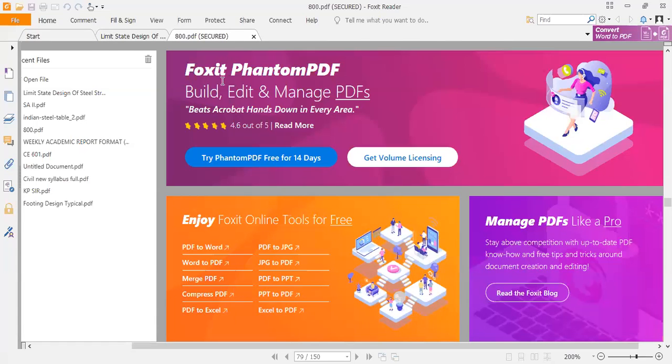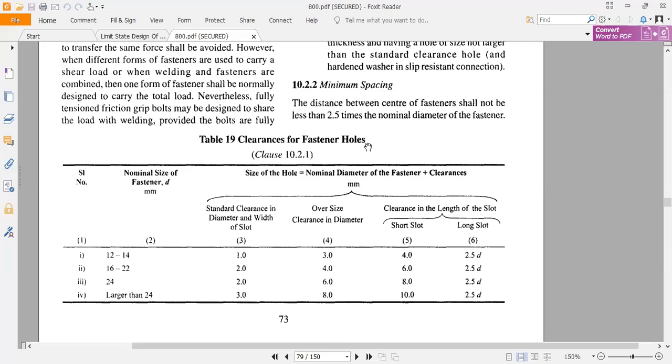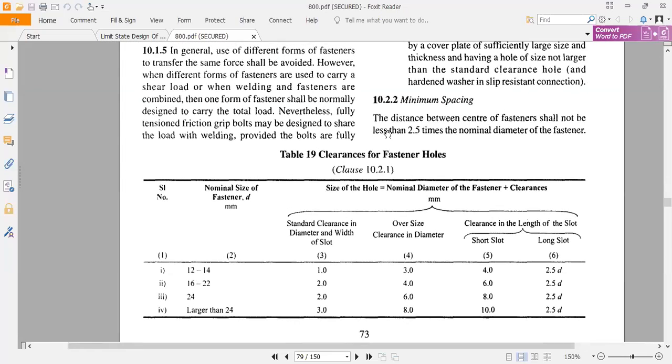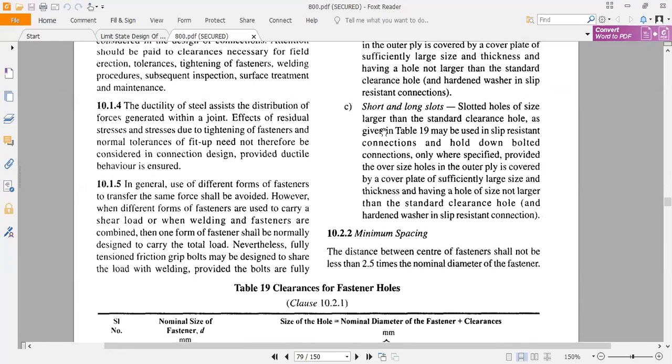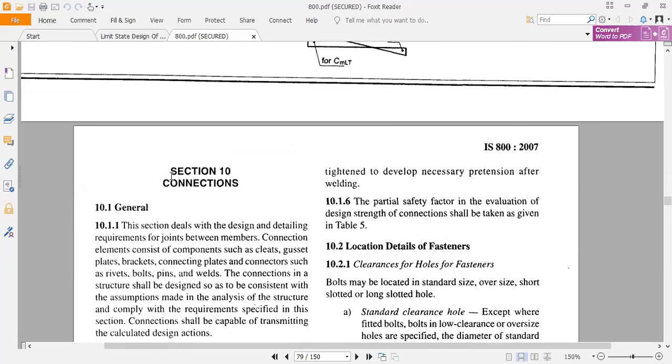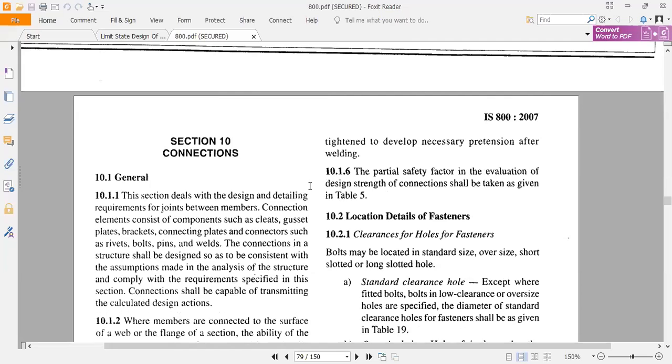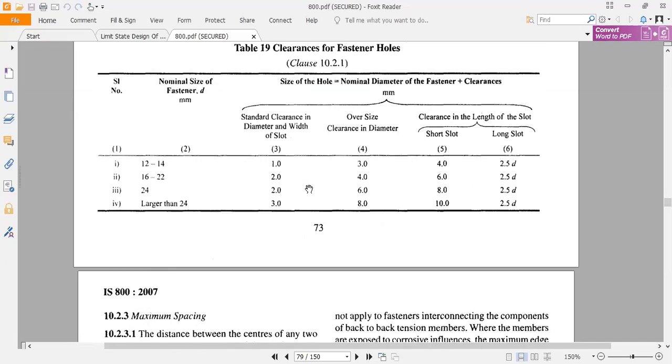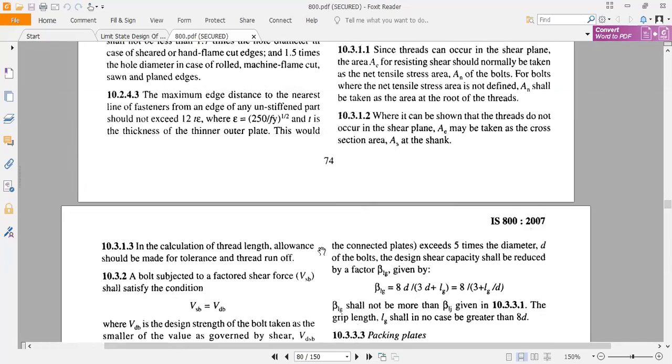If you have the IS code, please open it. Tensile strength of plate, so it is in connections. In case of tension member, we can find that.